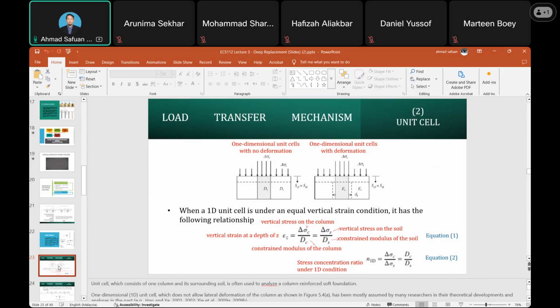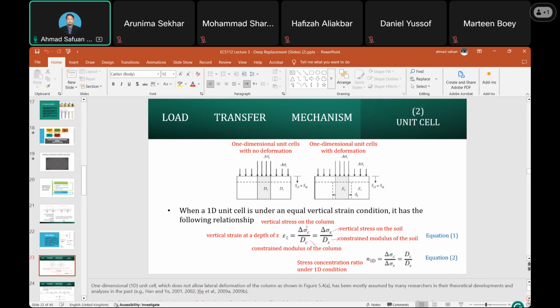A unit cell, which consists of one column and its surrounding soil, is often used to analyze column reinforced soft foundations. The one-dimensional unit cell, which does not allow lateral deformation of the column, has been mostly assumed by many researchers in theoretical development and analysis in the past.